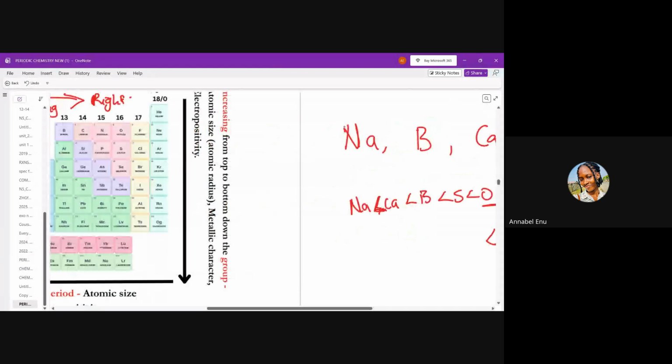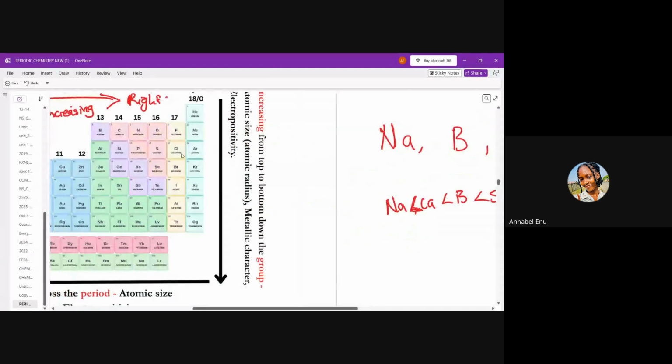Okay, the same thing if we are given something like fluorine, chlorine, bromine, all of them are in group 17. They now ask you which is the most electronegative. It's fluorine because we said electronegativity decreases down the group. So the one at the top is the ultimate.